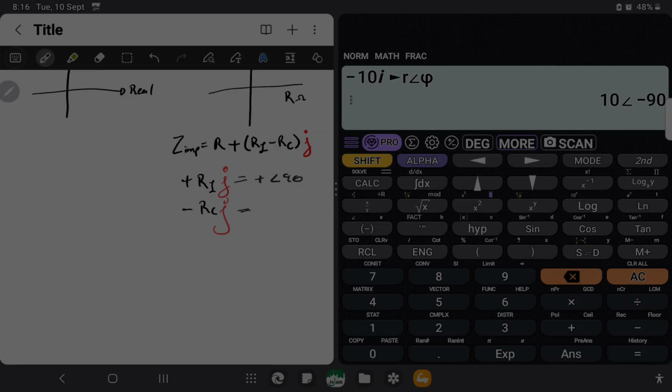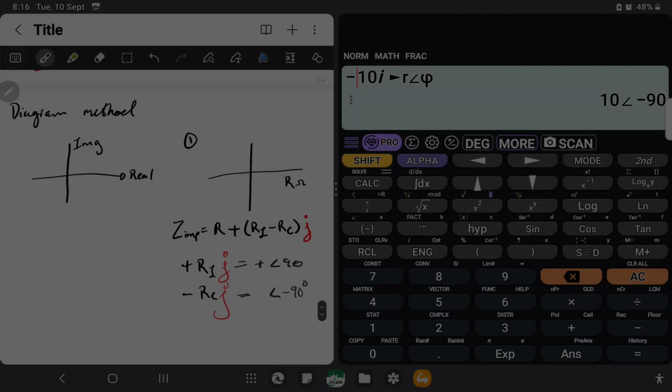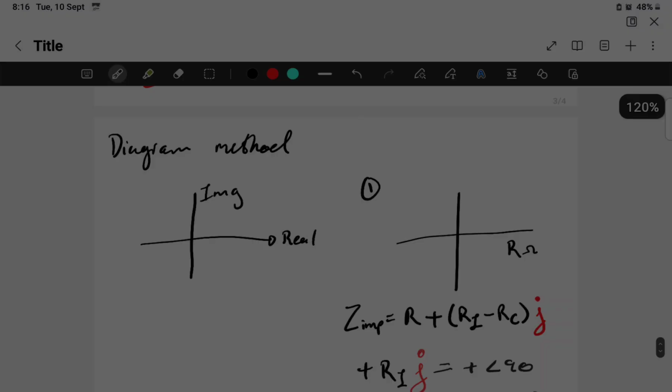It's just an example, guys. The negative 10 is going to give us, we're more focused on the angle. So the negative 10 is going to give us 10, but it's going to give us negative 90 degrees, right? So let's get back to the explaining.